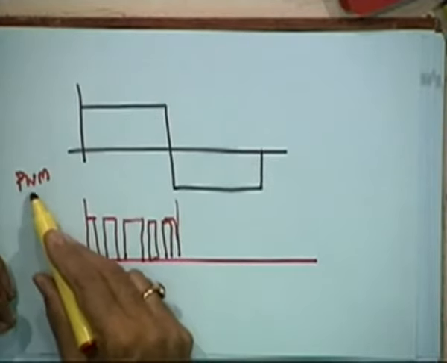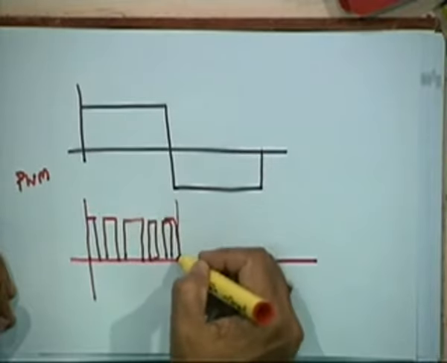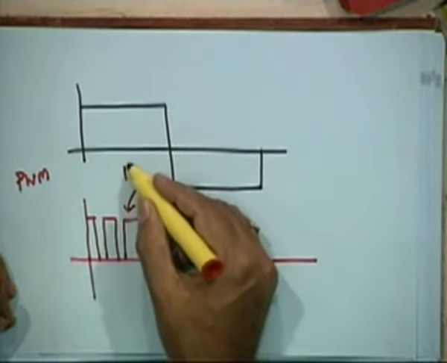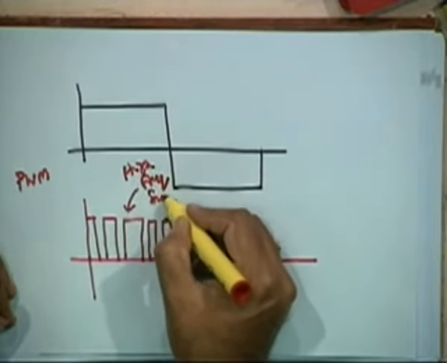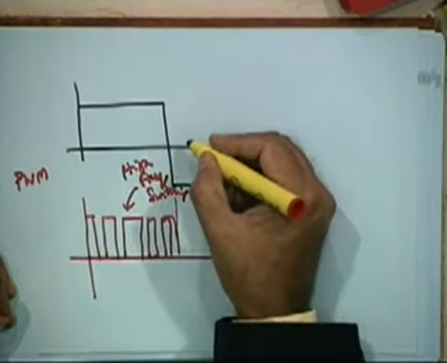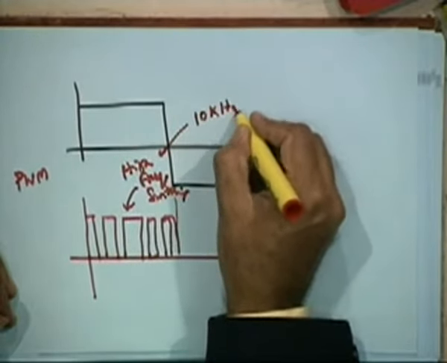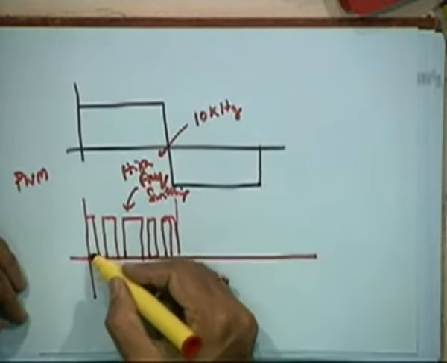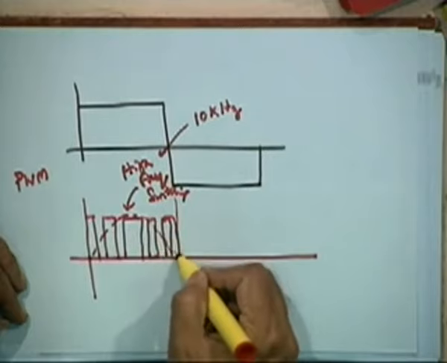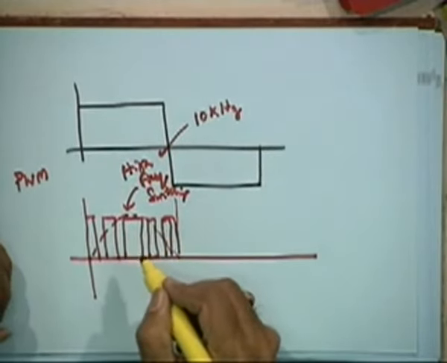This is modulating the pulse width, and this switching can be done at high frequency, maybe even up to 10 kilohertz. You are trying to get as nearly a sinusoidal waveform as possible. So that is the idea of pulse width modulation.